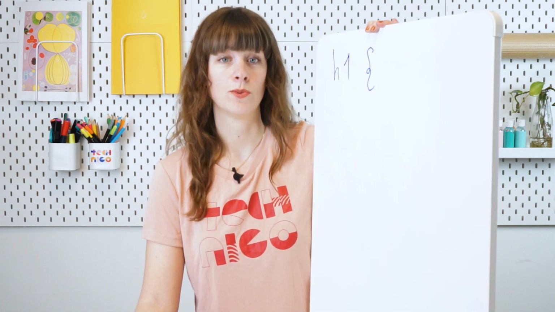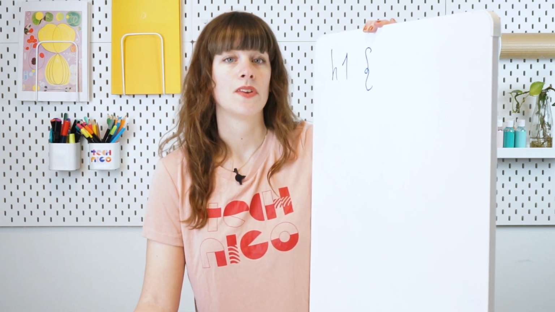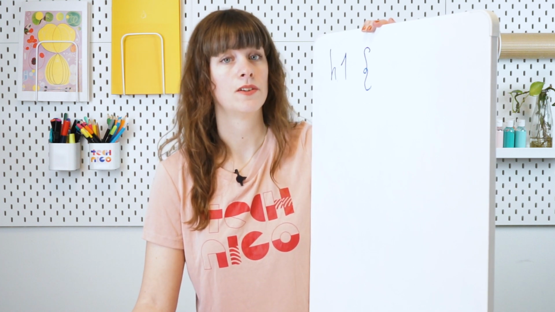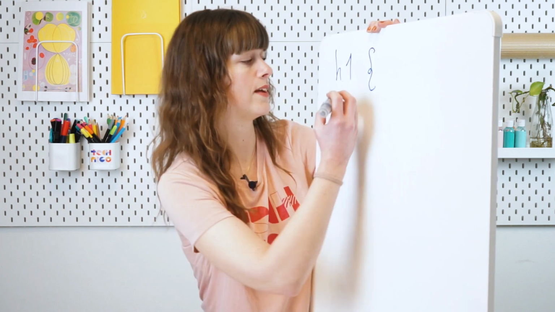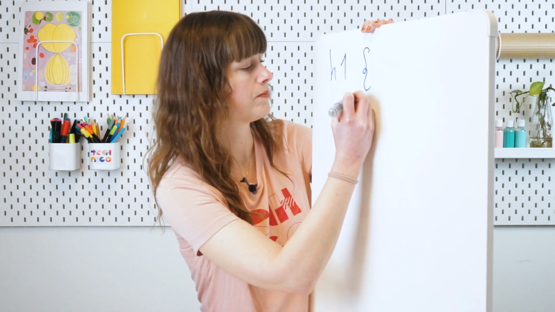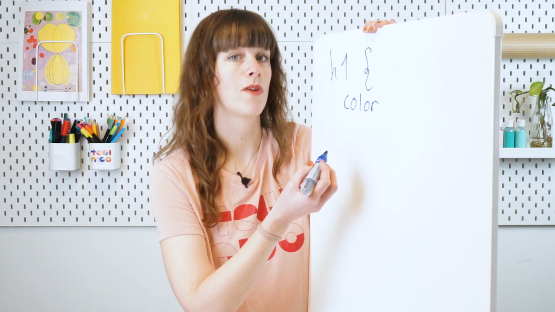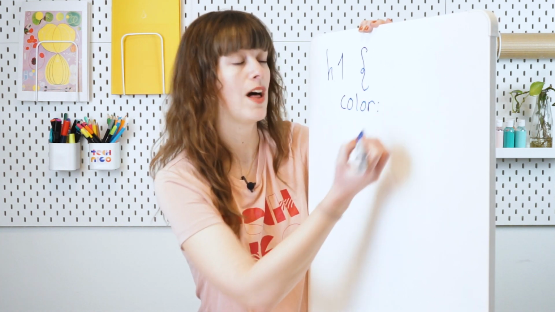To specify a rule, we write the different CSS properties. One property we can use is color, and it lets you change the text color. So in order to write a rule, I will write color, and that's the name of the property. After the property, you write a colon, and then the value.